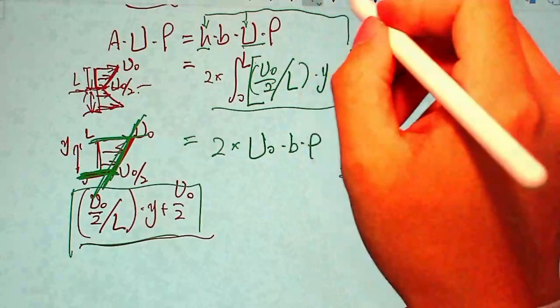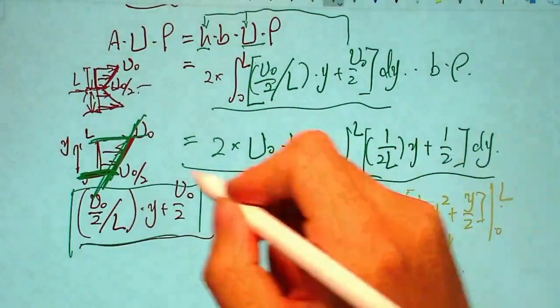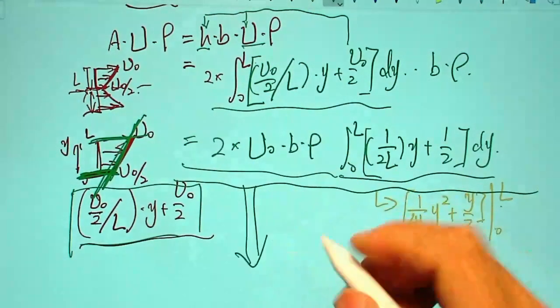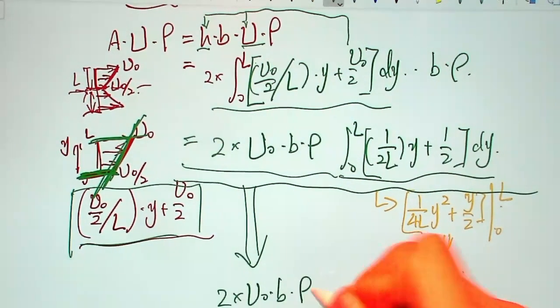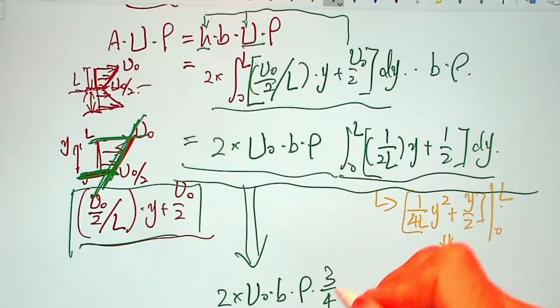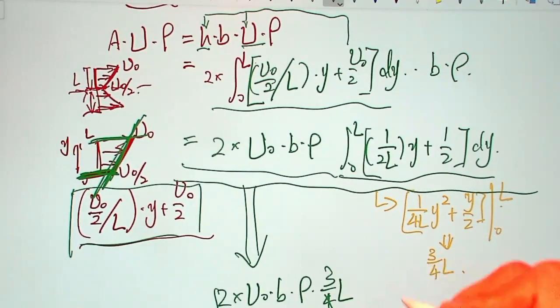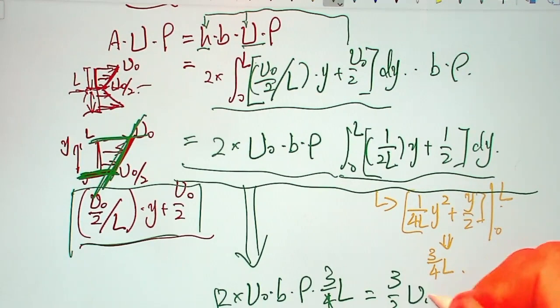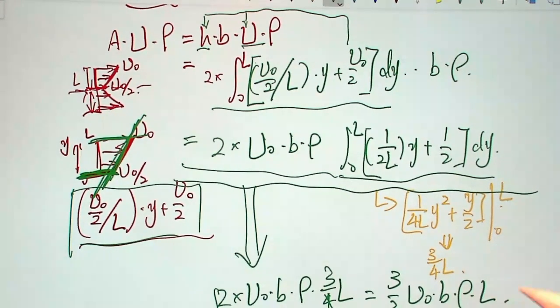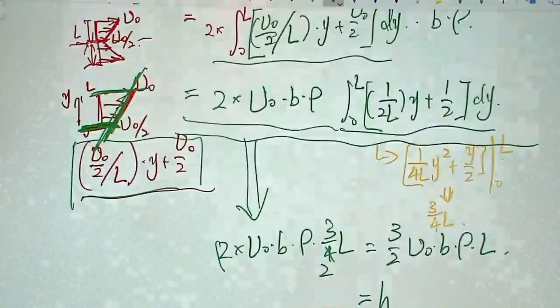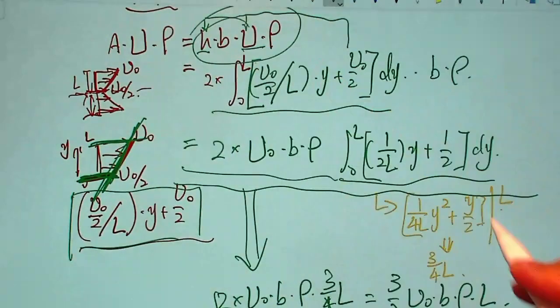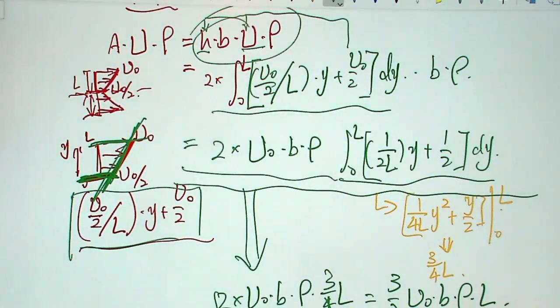So as a whole, this goes to 2 times U0 times B times density times 3/4 L, so it's 3/2 times U0 times B times density times L. This equals, if you recall, H times B times U0 times density.